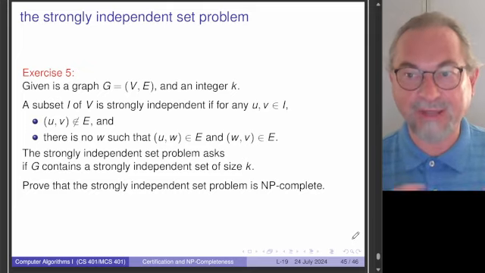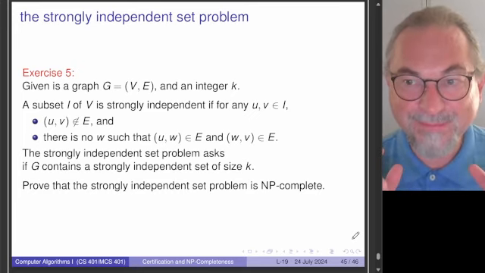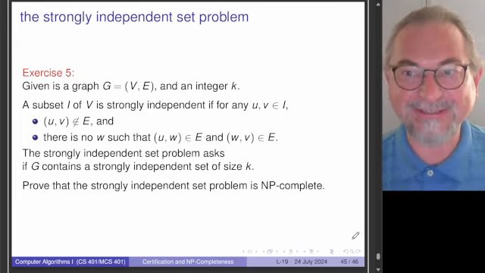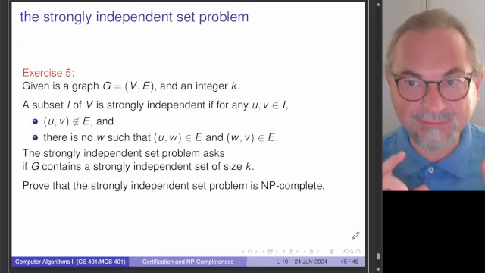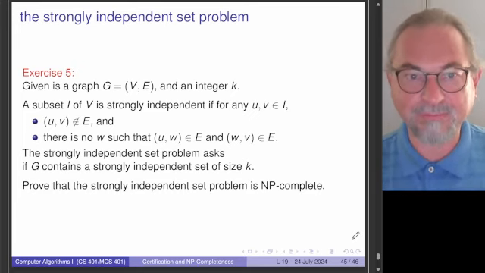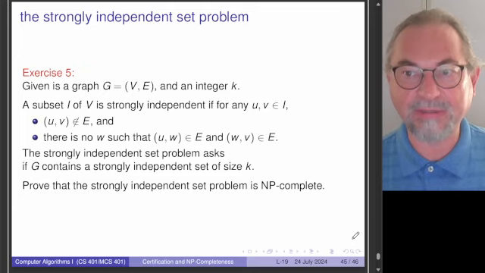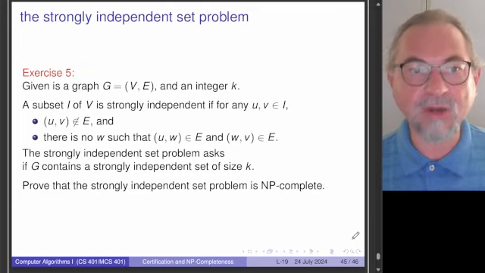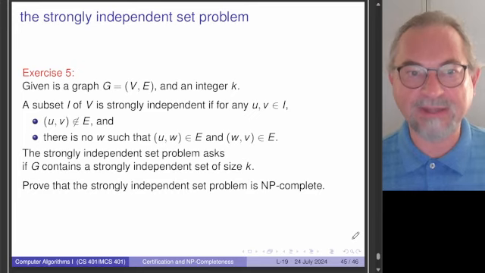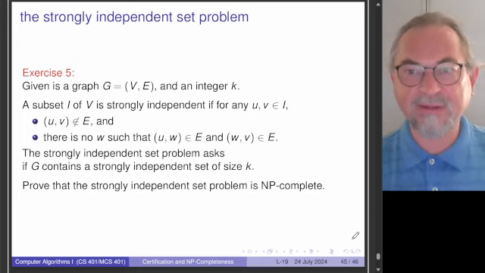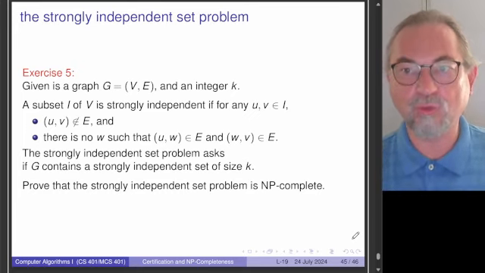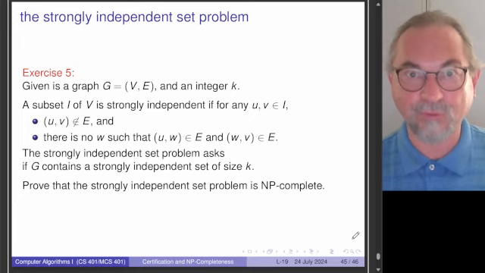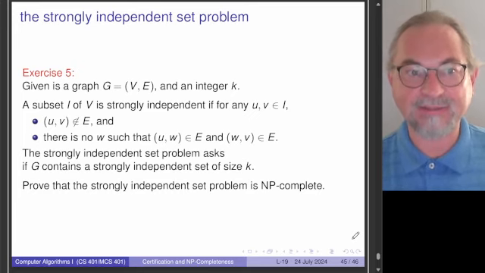So that is what it means to be an independent set. Now, strongly independent means that there is no connection of length 2 between any two vertices in that set.